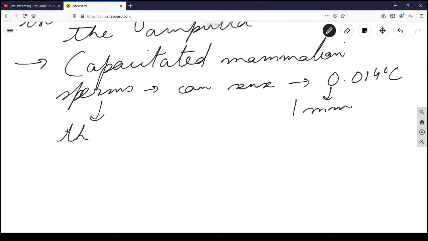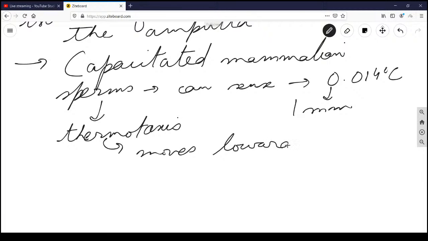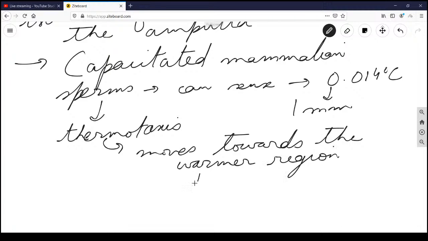It moves towards the warmer region, because the ampullary region is warmer than the isthmus region of the fallopian tube or oviduct, and that milestone can only be achieved by the capacitated sperm.